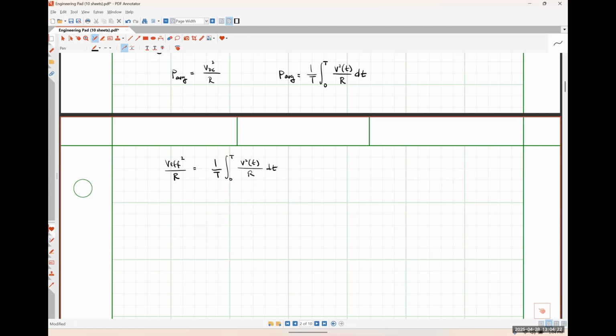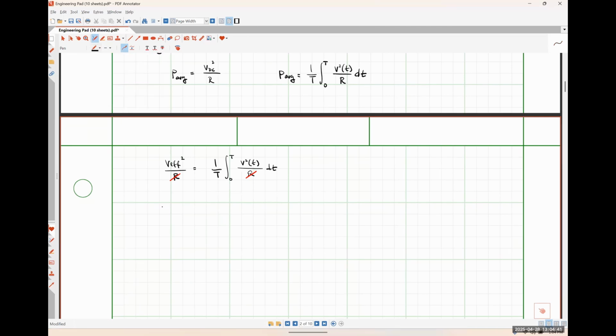So it seems fairly obvious that I have a common factor of 1 over R on both sides, so I can literally just get rid of it. So the size of the resistor in this case is completely immaterial, doesn't matter at all. And now I'm left with V effective squared on one side and this mathematical expression on the other side.